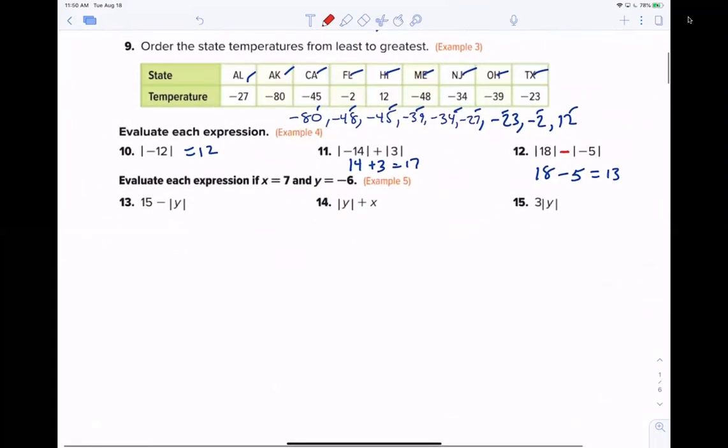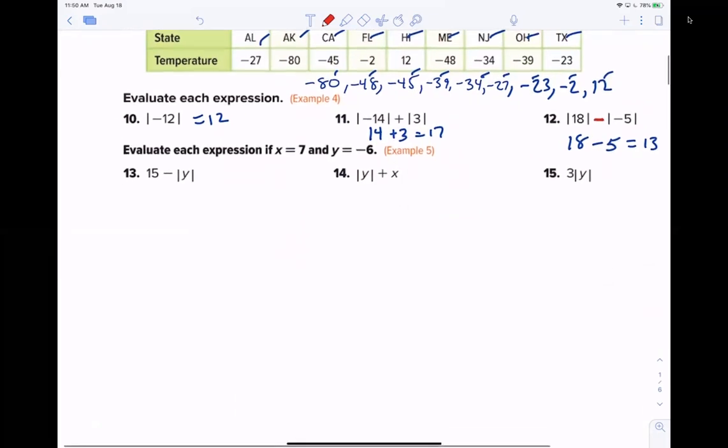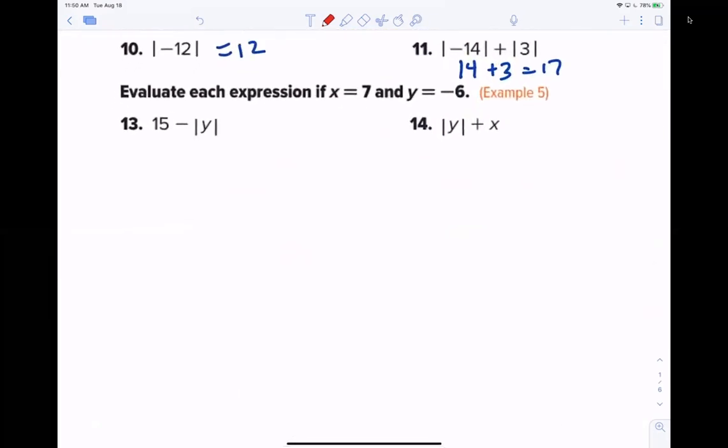13. Yes, this would be KK. What is the absolute value of Y going to be? Well, yes, but I want you to answer my question. First of all, what is Y? What's the Y value?